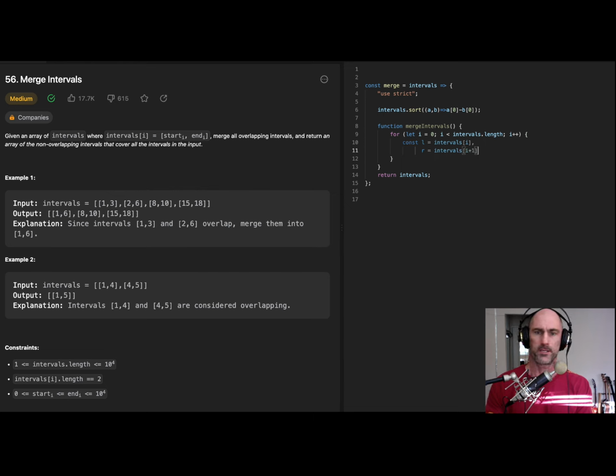And I already have a mistake. And the mistake is we have to go 1 before the end. We can't include that end because we have that i plus 1. Some of you probably already caught it. Good job if you did. If the end of the first interval overlaps the start of the second interval, if L1 is greater than or equal to R0, then we've got to merge.